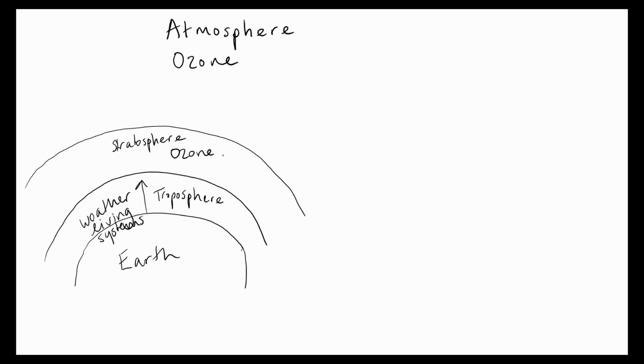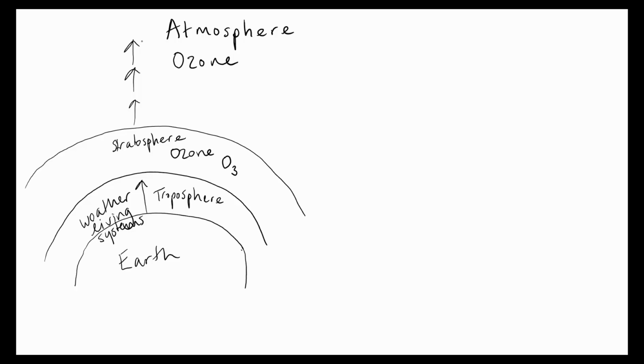And ozone is a molecule that contains 3 atoms of oxygen. Okay, so this is where we're really concerned about what's happening in the atmosphere. There are other layers above the stratosphere, but you wouldn't be expected to know these.